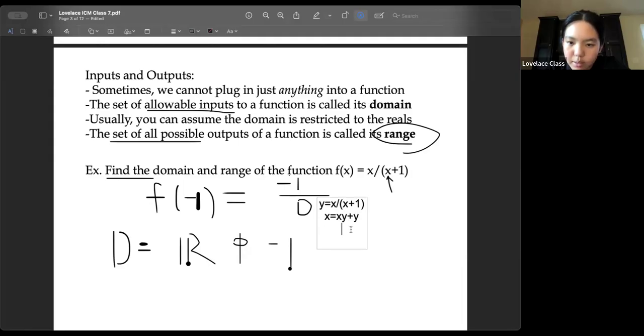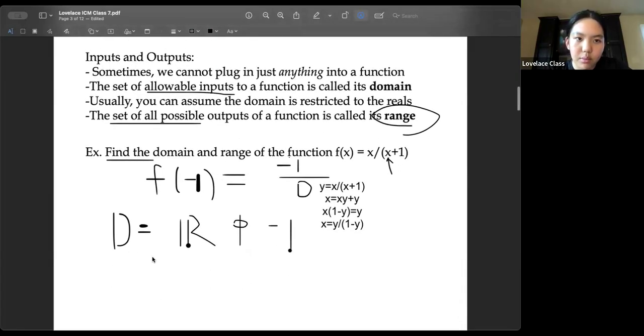Then move xy to the other side, so we get x times 1 minus y is equal to y. And then we get x is equal to y over 1 minus y. So in this case, it's pretty clear now that we cannot have y equal to 1. So the range is going to be all real numbers except for 1.